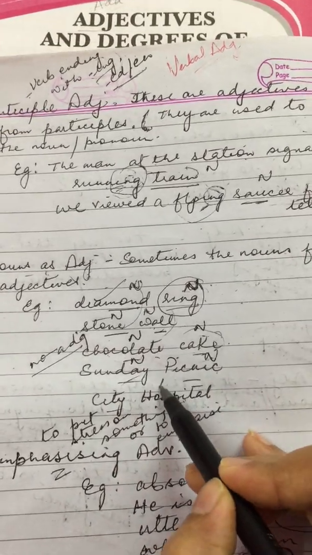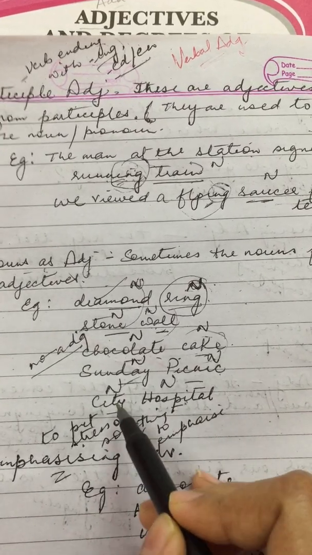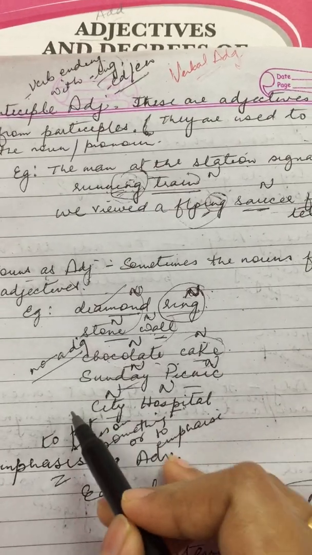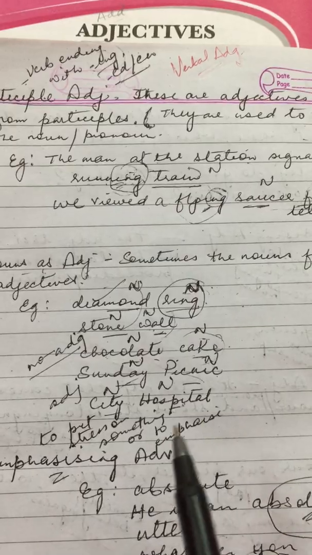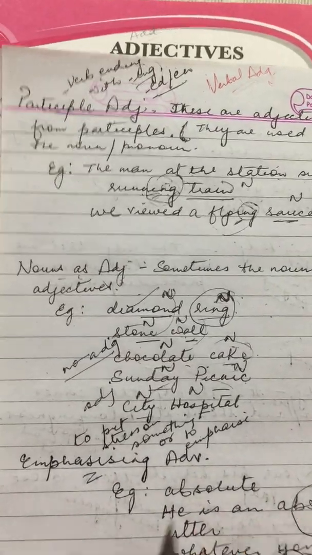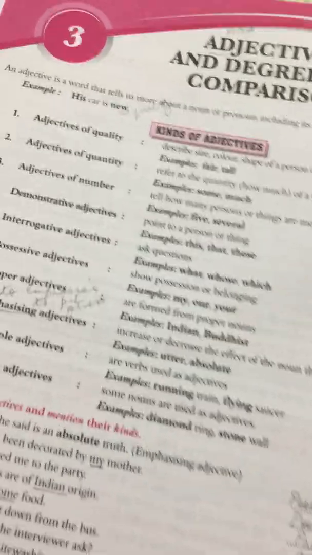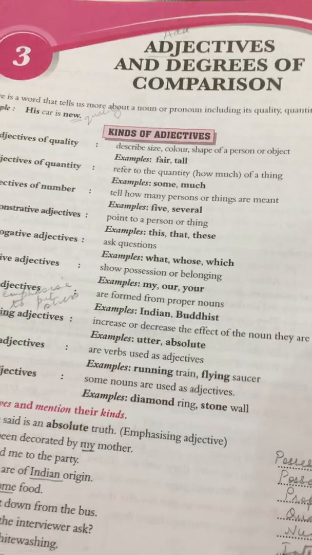Hospital is a noun, city is also a noun. But this city is acting as an adjective, and it is describing the hospital. Which hospital? City hospital.